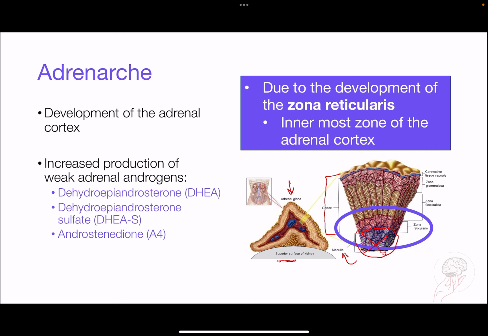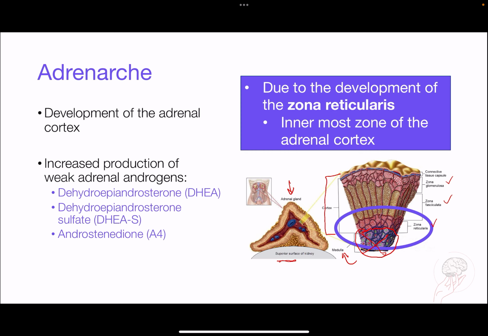The zona glomerulosa, the zona fasciculata, and the zona reticularis. And the adrenal glands produce androgen hormones.